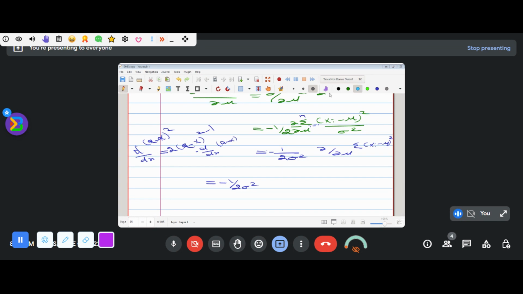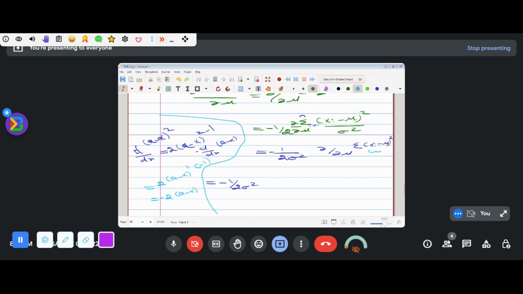This is a basic concept of derivative. Now what is the result? 2 into (a minus x), since 2 minus 1 is 1 only; a is a constant term so its derivative is 0, and the derivative of minus x is minus 1. Therefore the value is equal to minus 2 (a minus x).